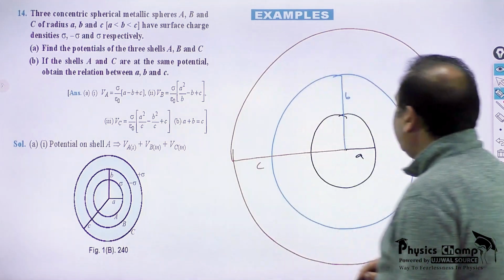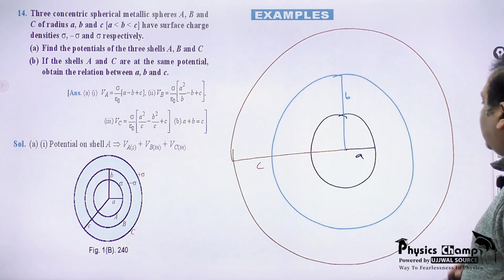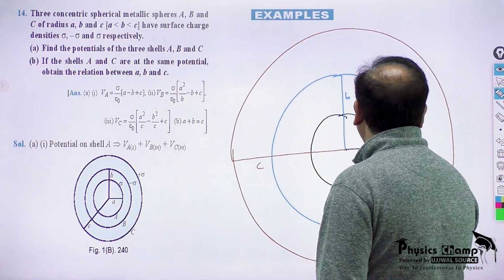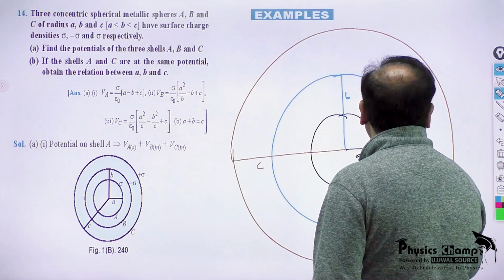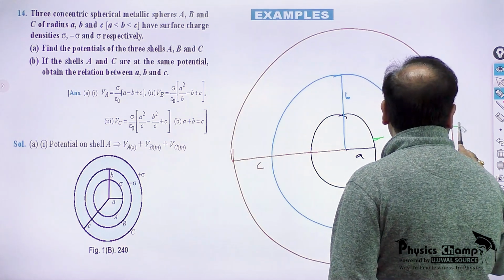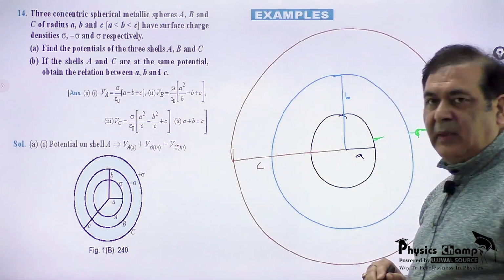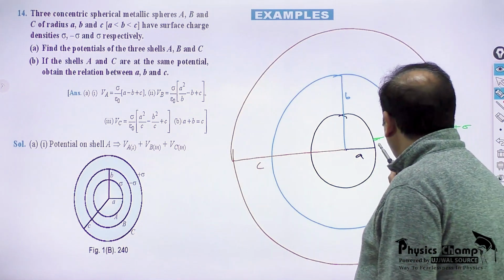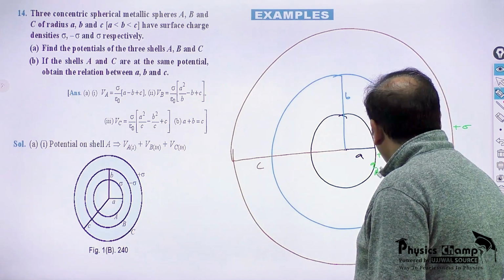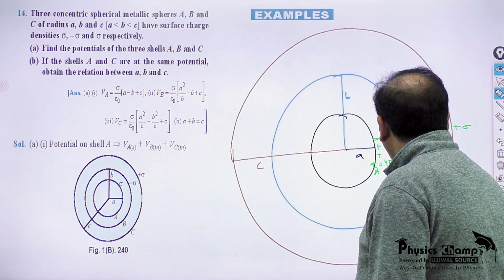So you have got three shells, and as per the question, they have similar charge densities in magnitude. It has a charge density sigma, it has a charge density minus sigma, and it has a charge density plus sigma. It means it will have a charge QA, which is 4 pi A square into sigma.